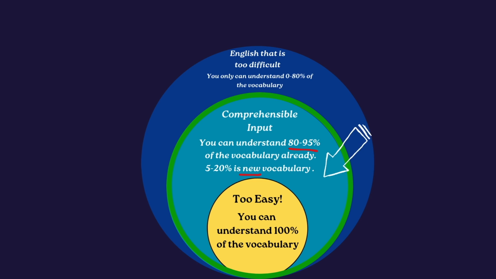The perfect level of comprehensible input is a kind of input where you can already understand at least 80% or higher of everything that you're listening to. This is the perfect level of comprehensible input where you can learn new vocabulary the most effectively.